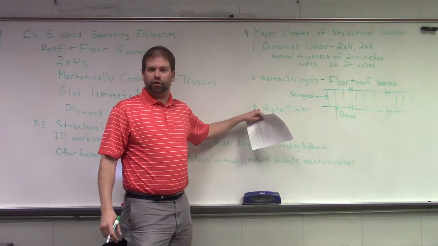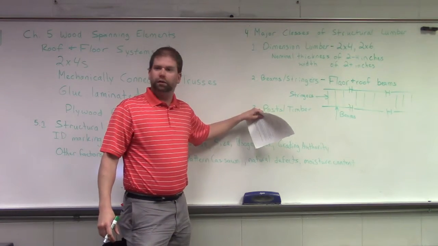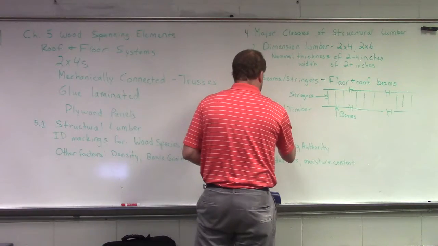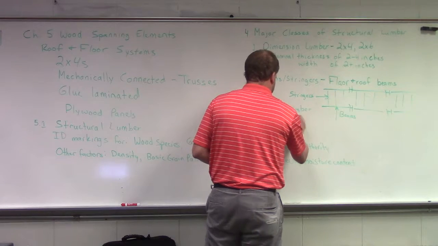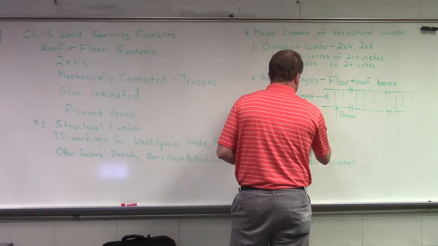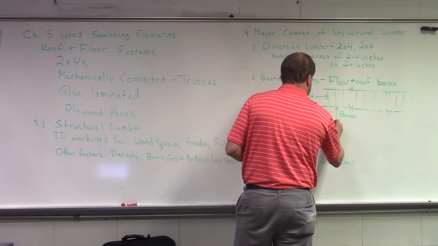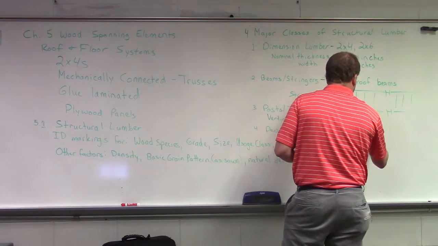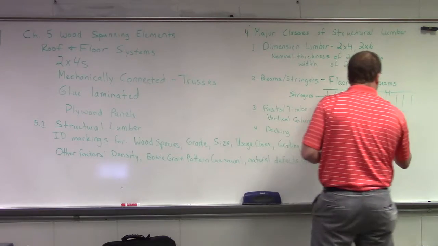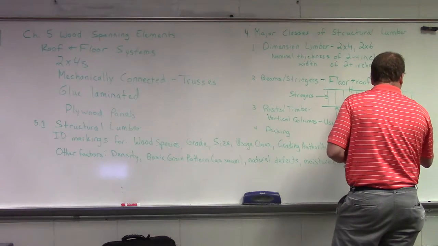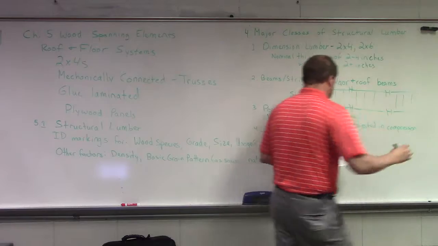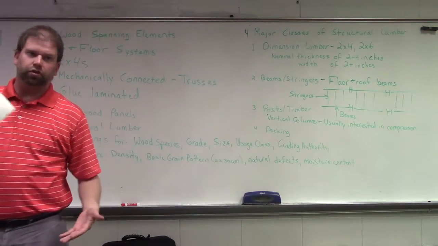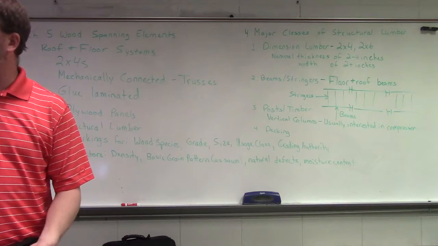And what are we talking about when we're talking about posts or timber? Typically vertical. Usually in our posts and timber, we're going to be interested in how that compression is doing.